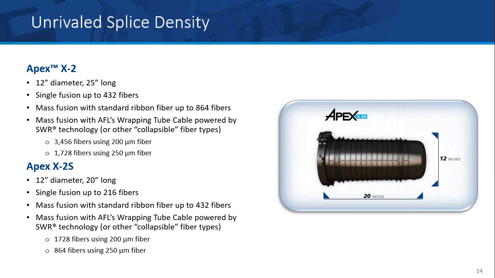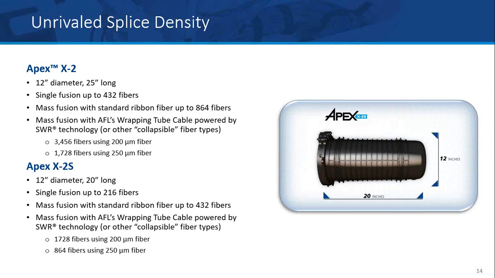Now the real advantage again comes in when we start looking at collapsible fiber types like AFL's spiderweb ribbon. A lot of the fiber technologies I mentioned, like 200 micron fiber. 200 micron fiber is coming. It's here. It's going to be pretty much the de facto standard at some point in the not too distant future. And we've started to implement it in SWR cable types. So I talked about the LM200. We're starting to implement it into our wrapping tube cable.